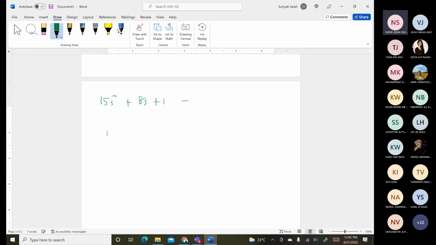This one you can factorize like this. Or sometimes, for this case, you will have two different tau. And sometimes maybe you can have 16s squared plus 8s plus 1, which contributes to 4s plus 1, 4s plus 1.